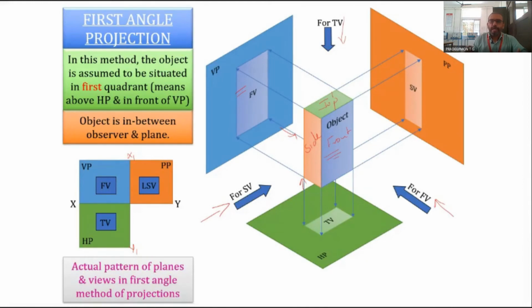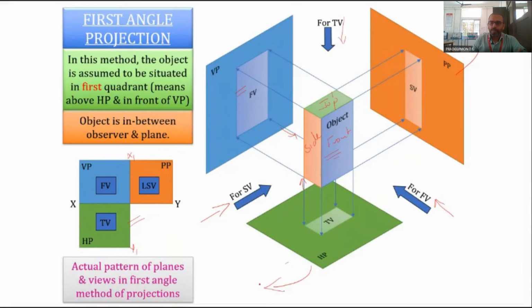And as you know, since the horizontal plane is rotated 90° clockwise, it comes below the XY line, like in this figure, the top view comes below the XY line. And since the profile plane is rotated 90° anti-clockwise, like this. The HP is rotated like this, that is 90° clockwise.